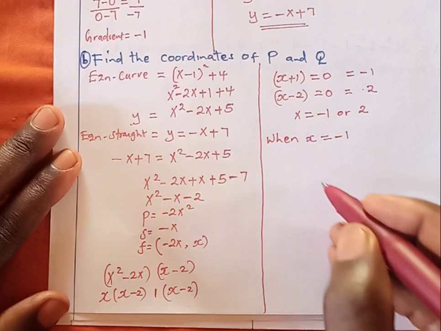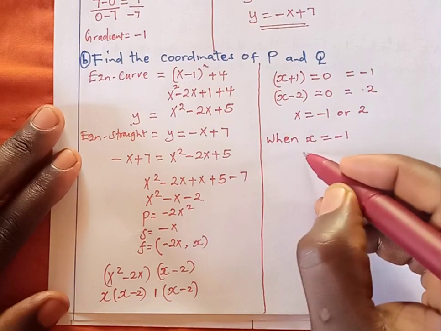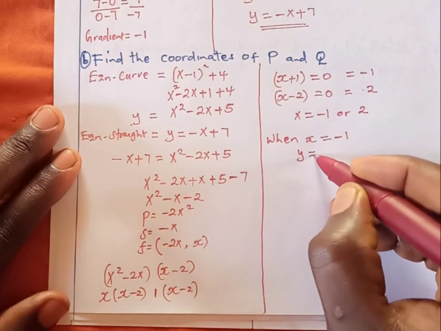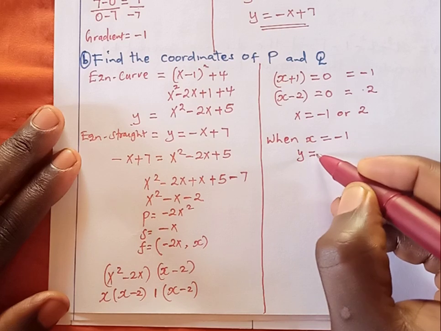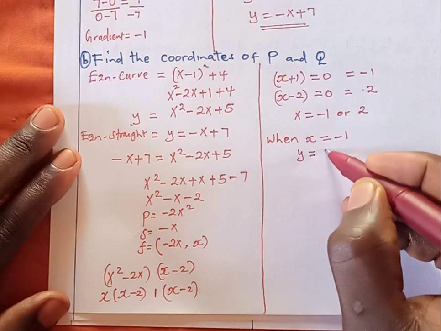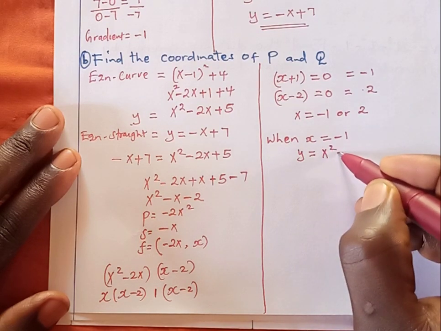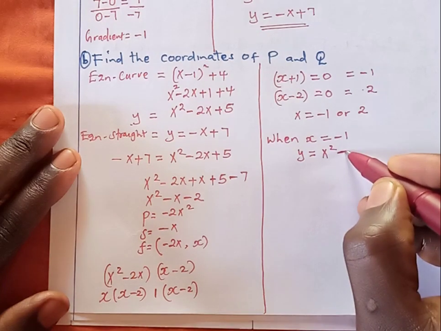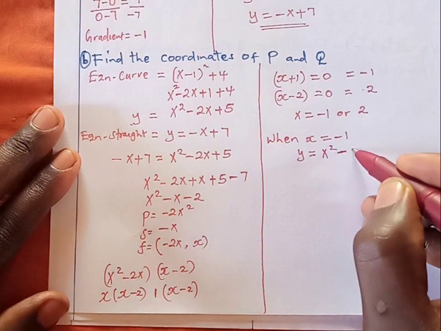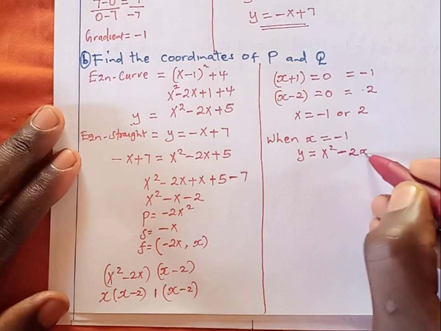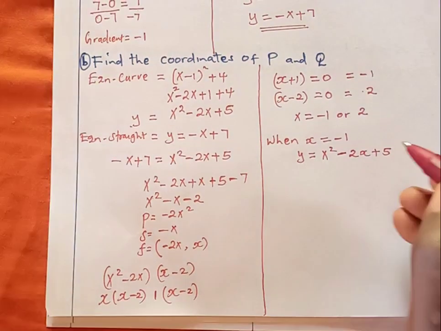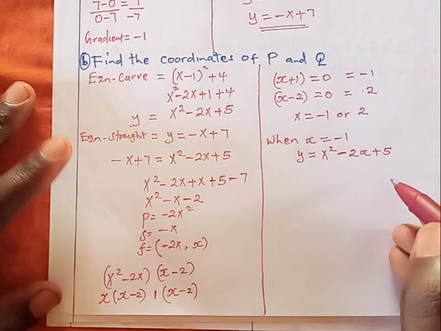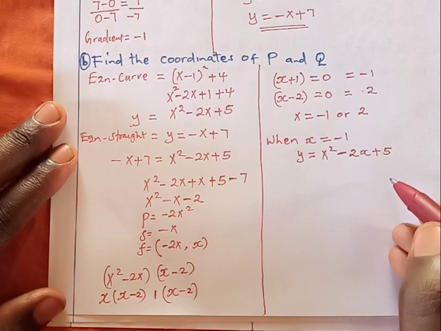Remember we are going to use the equation we obtained, the equation of the curve: y equals x squared minus 2x plus 5.